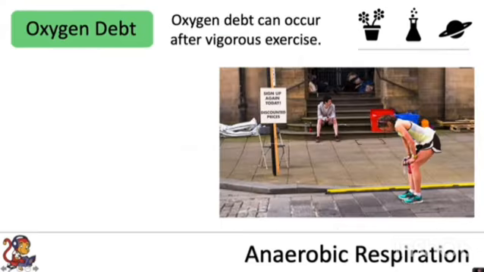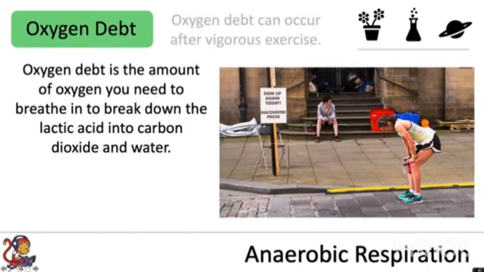Oxygen debt is something that can occur after vigorous exercise. Oxygen debt is the amount of oxygen you need to breathe in to break down the lactic acid into carbon dioxide and water. As we said before, lactic acid can cause cramps.